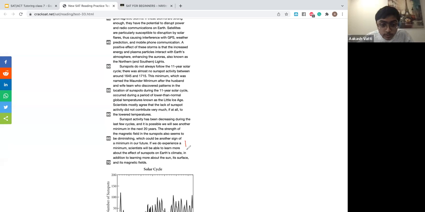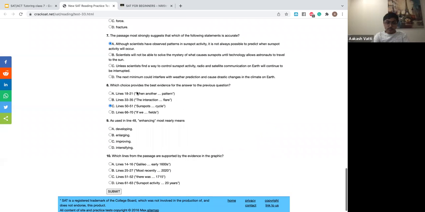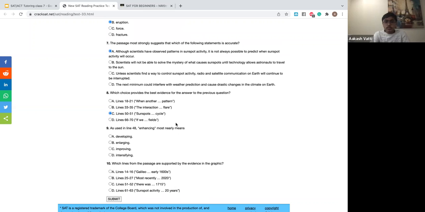Okay, so if we do experience a minimum, it just says future potential, and it doesn't really support our answer that scientists don't always know when sunspots will happen. So that can't be the answer either, because it just talks about future stuff. Although scientists have observed patterns, it's not going to always follow it.